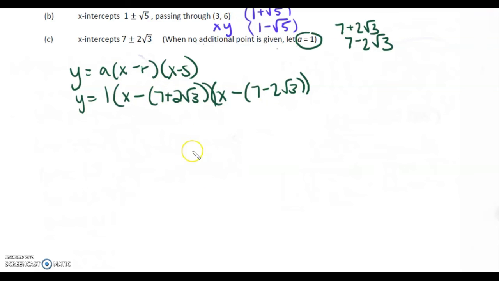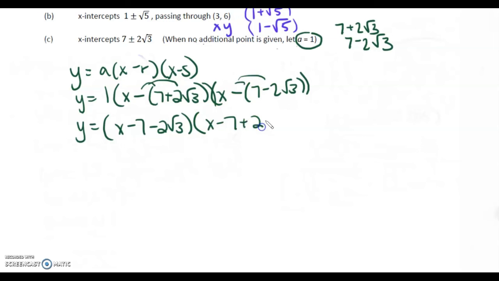Okay, so y equals, if there's a 1 here, I'm going to actually leave it out. And I'm just going to distribute this negative sign into the bracket. So x minus 7 minus 2 root 3, we get x minus 7 plus 2 root 3. Okay, and now we just expand. So distribute this x into every single term in the second bracket.